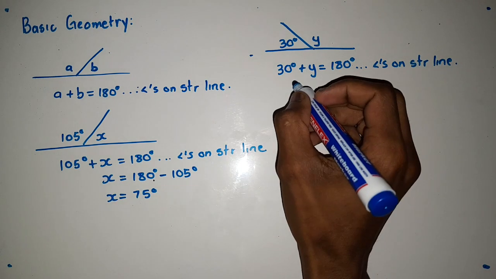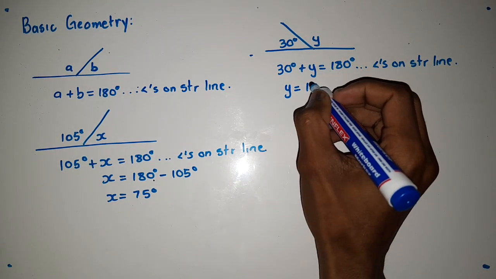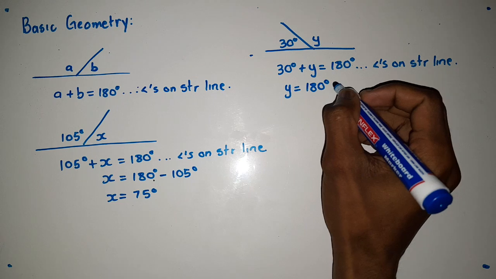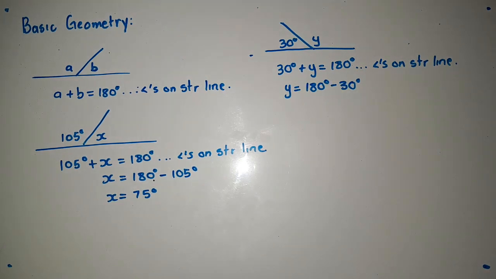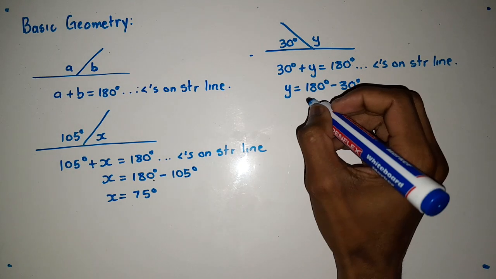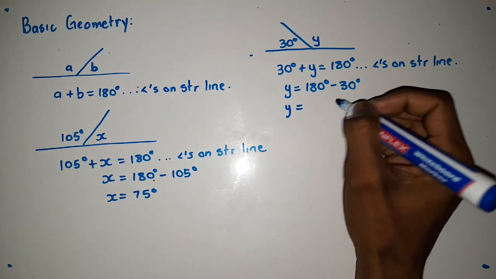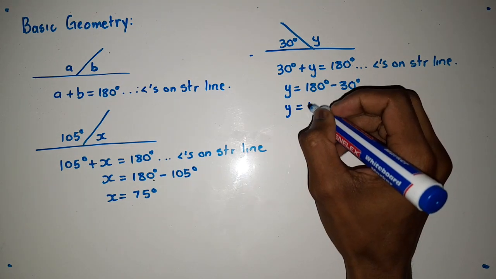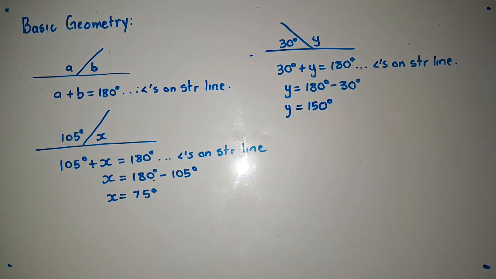Then let us take 30 to the other side. We are going to get 180 minus 30, which is 150. y is equal to 150 degrees. Do you understand?